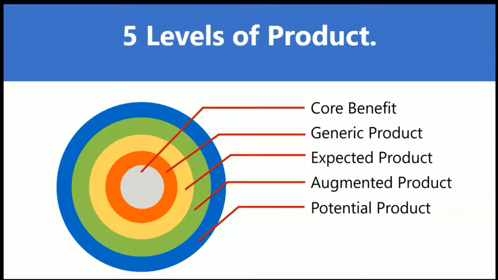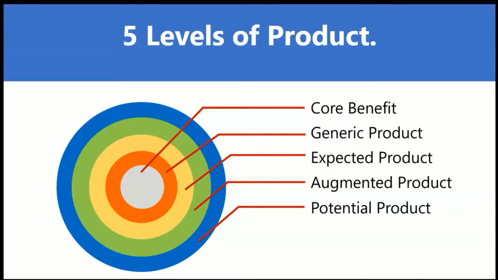That's the expected product. The augmented product level includes additional product attributes, benefits, or related services that distinguish the product from the competitors. So the augmented product has some features or qualities which differentiate a brand from its competitors. That's called the augmented product.